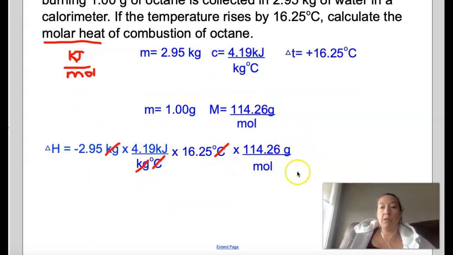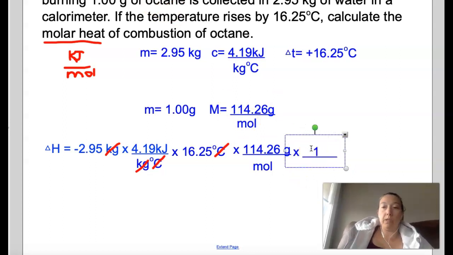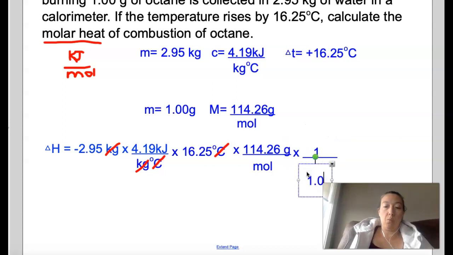Because we just want kilojoules per mole. So to get rid of grams, I'm going to use that 1 gram over here. And we're going to put it on the bottom. So we're going to say times 1 over 1 gram. And then from here, we can cancel out grams, and we are left with the kilojoules per mole.